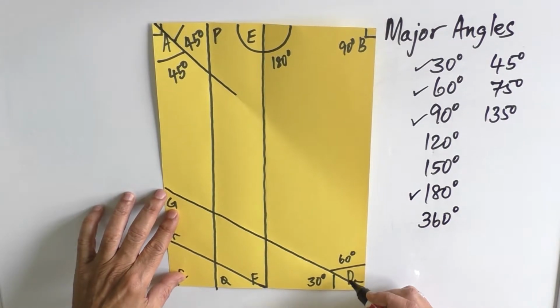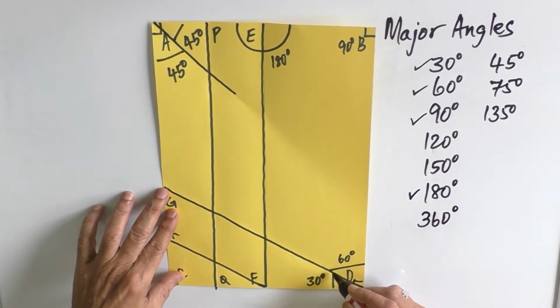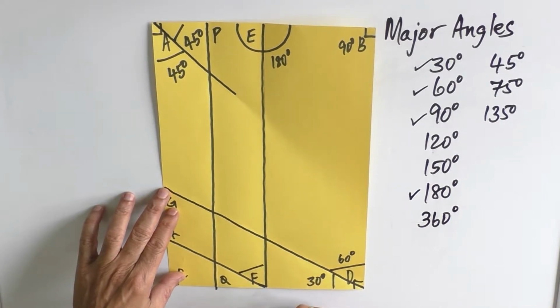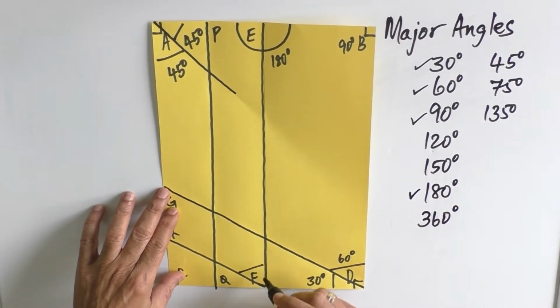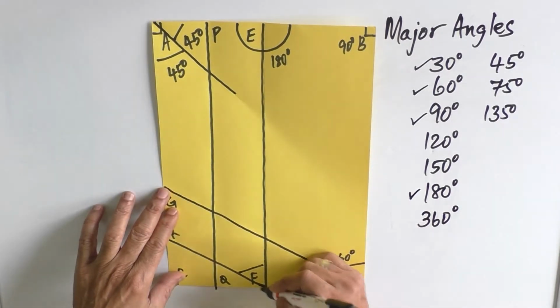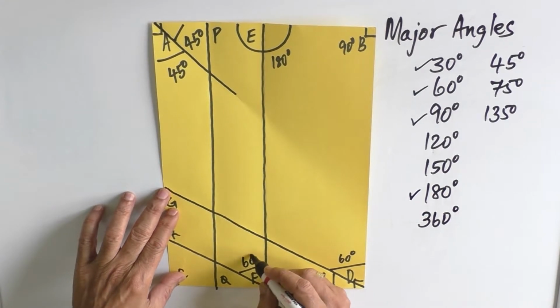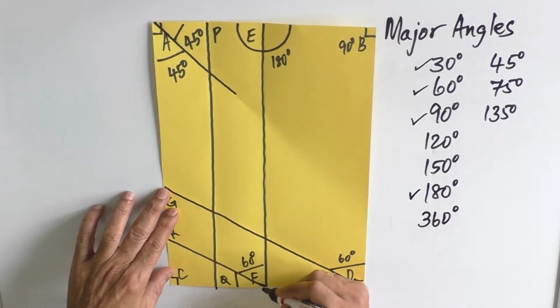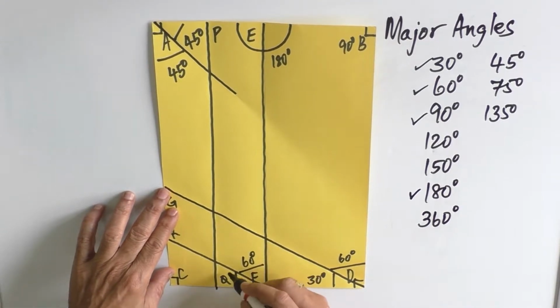That means the major angle 60 degrees that you get at the point D is exactly the same at the point F. That means the major angle that you get at the point F, that is EFR, is 60 degrees. Now the smaller angle, that is RFC, is 30 degrees.